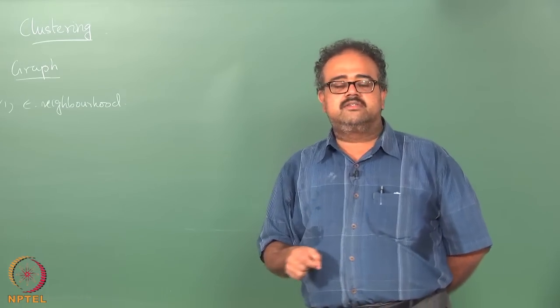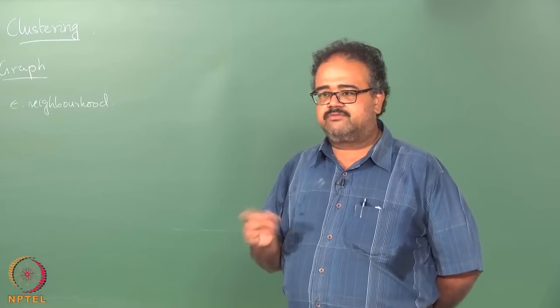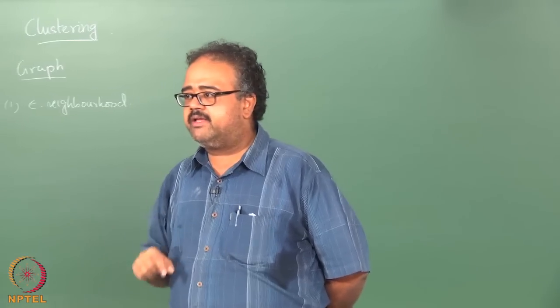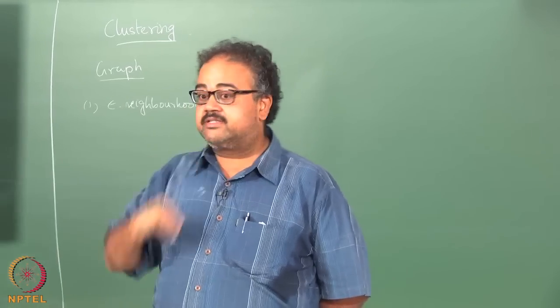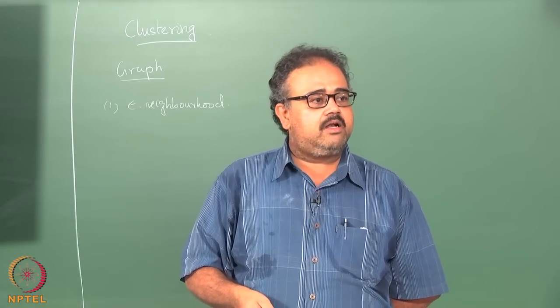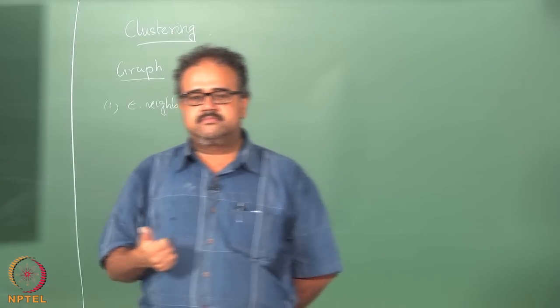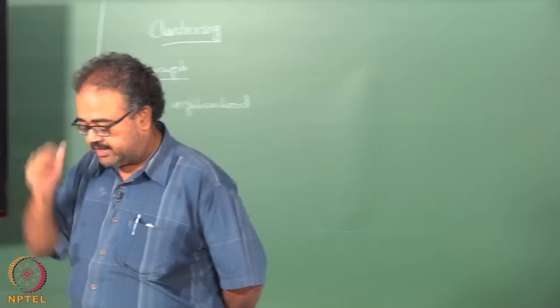So this will be a symmetric relation. So if A is within epsilon of B, then B will be within epsilon of A. So graphs that are constructed this way are undirected graphs.